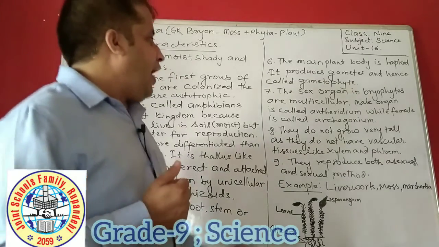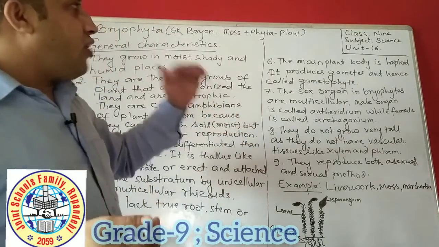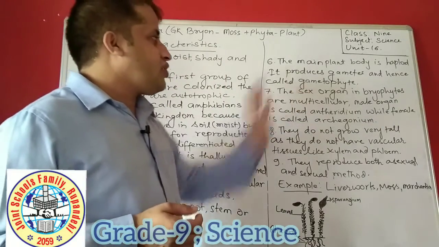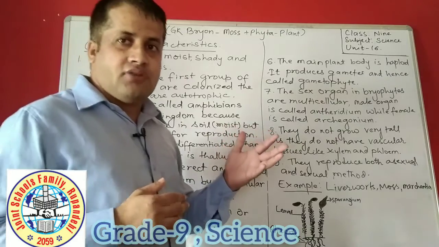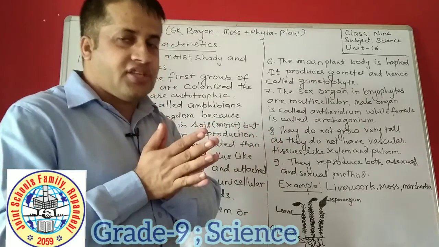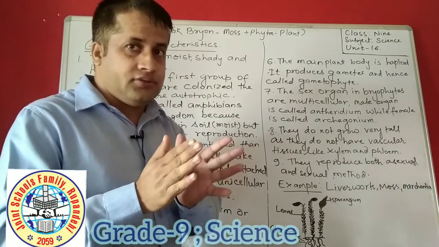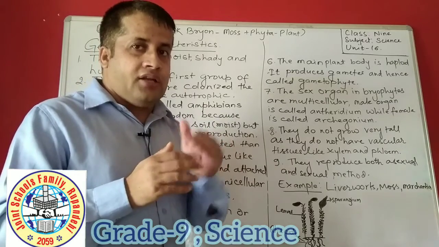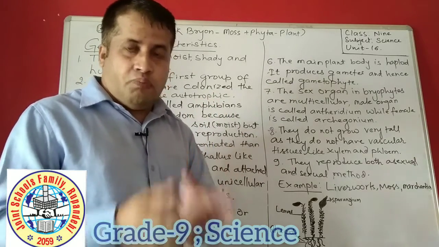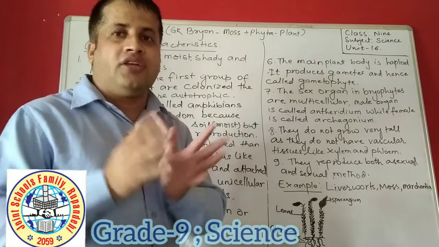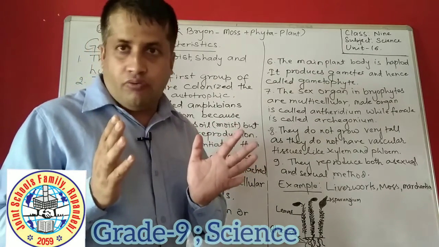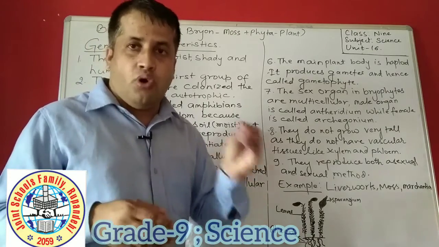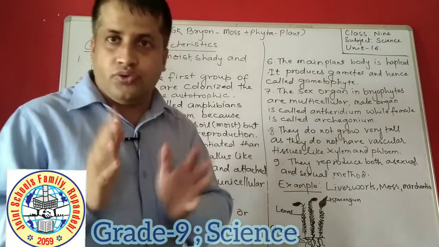These plants have sex organs, and they can reproduce both asexually as well as sexually. Both sex organs may be present in one individual itself. That's why it is called hermaphrodite. A hermaphrodite organism means having both sex organs in one individual itself.